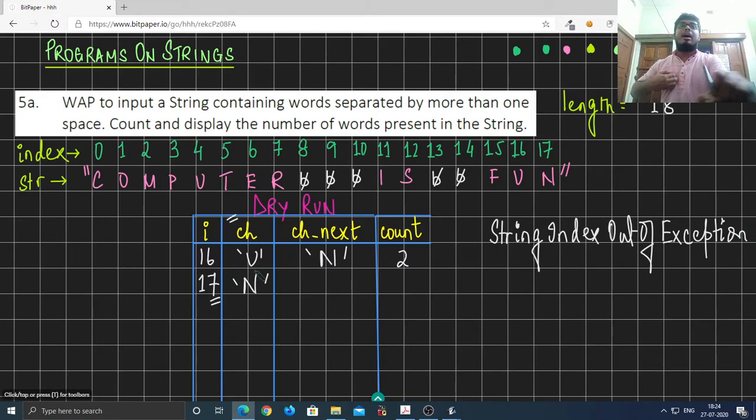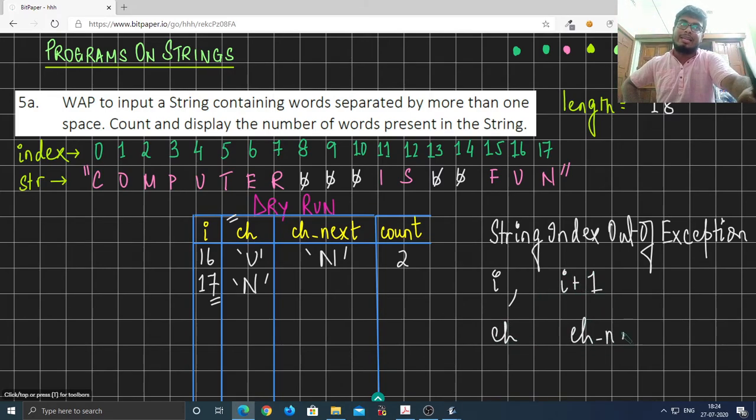You see, we are always accessing the characters at positions I and I plus 1, to extract the current character and the next character. Now, if the value of I was 17, then the value of I plus 1 would be 18, and 18 is not a valid index for this string.